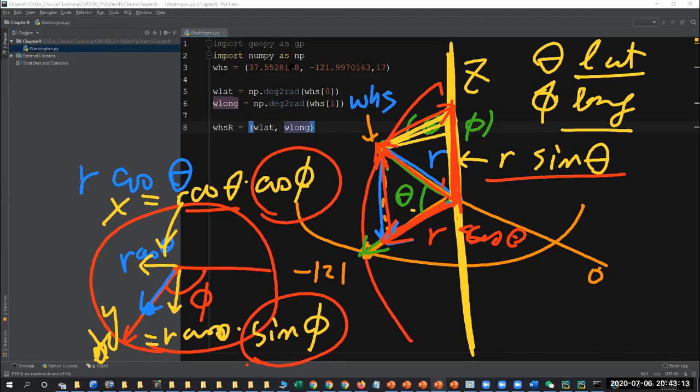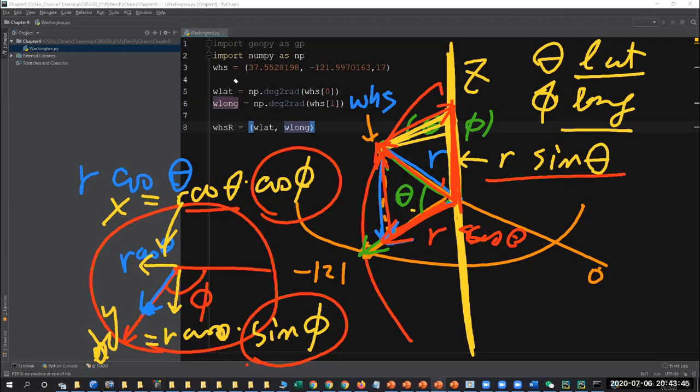You can't have negative 121 for the first one. Now this data I got from Google Maps, so it can't be wrong. But the name can be wrong if I use it wrongly.